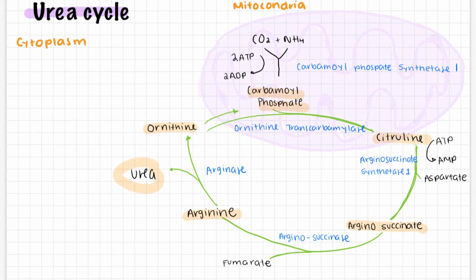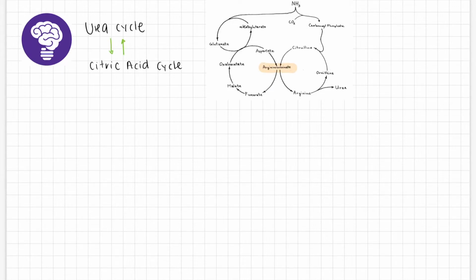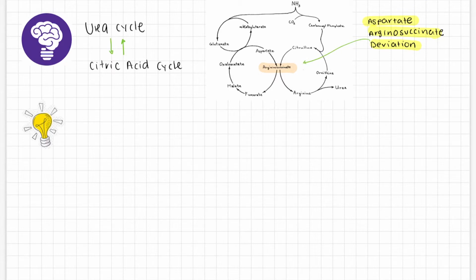Whereas urea is a soluble compound, it dissolves into blood and is transported to the kidneys to be excreted in the form of urine. Now, just keep in mind that the urea cycle is connected to the citric acid cycle by the aspartate-argininosuccinate shunt. And, as an interesting fact, a healthy person excretes around 10 to 20 grams of ammonium per day.